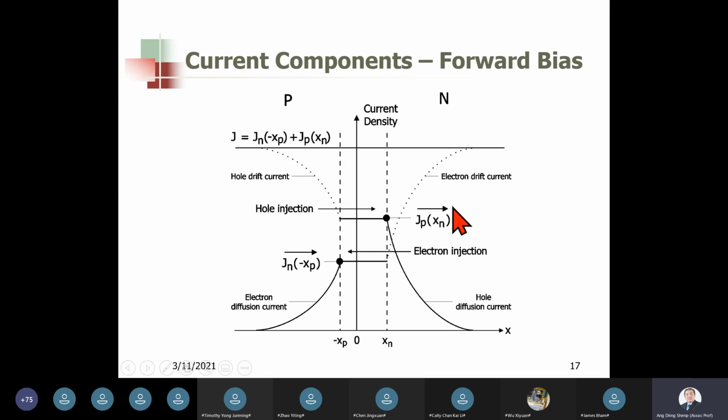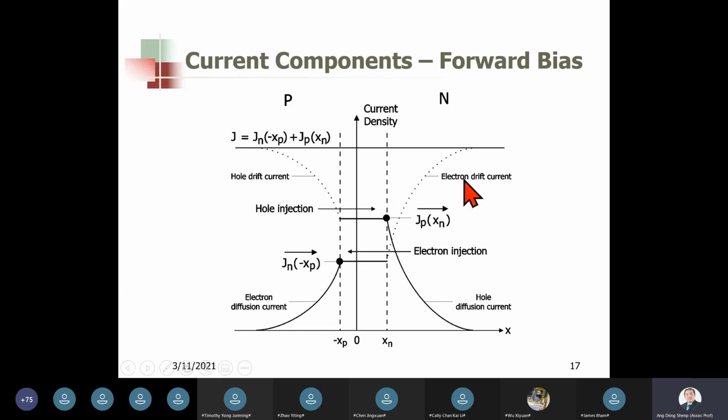Now, since under steady state condition, the total current flow must be constant throughout the entire PN junction, shown by this horizontal line here, there must be another missing current component. Since the minority carrier diffusion current is a function of distance, there must be another missing current component that adds up with this to give you a constant overall current.